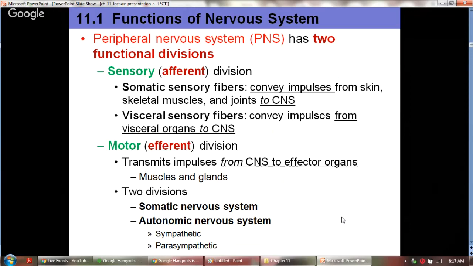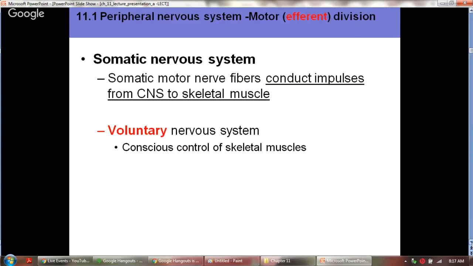The motor division can further divide into two major divisions: the somatic nervous system and the autonomic nervous system. The autonomic nervous system has two major parts too: the sympathetic nervous system and the parasympathetic nervous system.